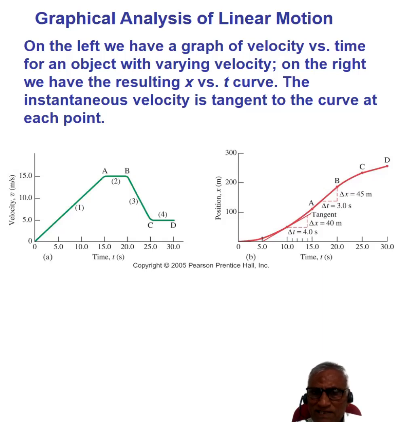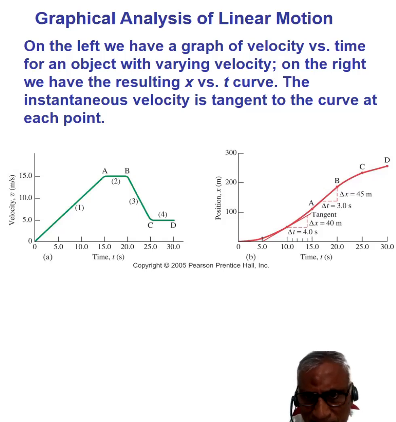Again, when the velocity is decreasing, now you find the curve is reversed. See, this is concave upward, this is concave downward. It takes more time to travel a particular distance. That's why the curve is down. This curve is shaped like this, and this curve is shaped like this.